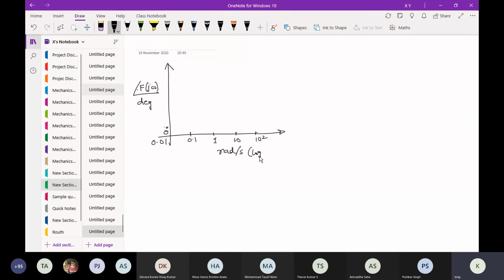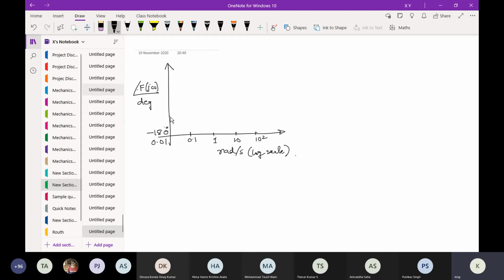This is a log scale. So for our convenience, we will start with minus 180.